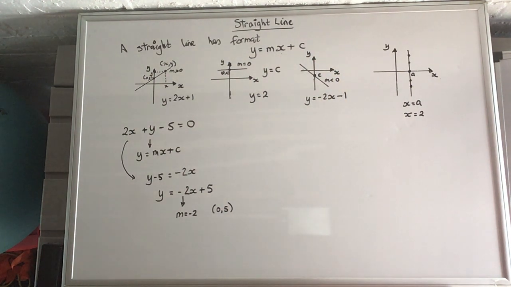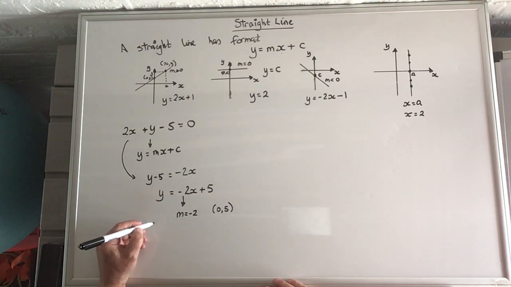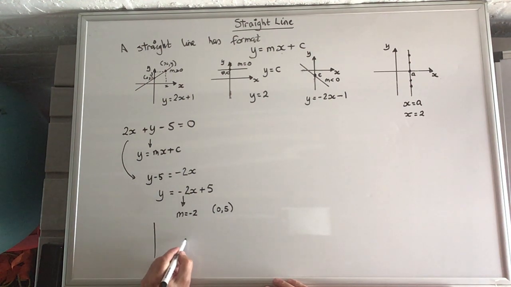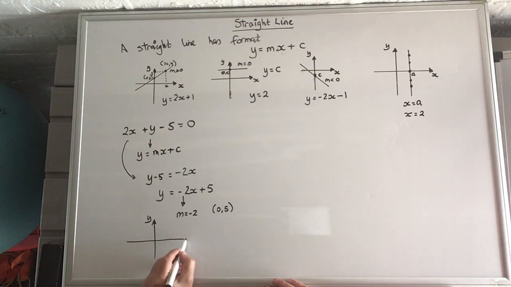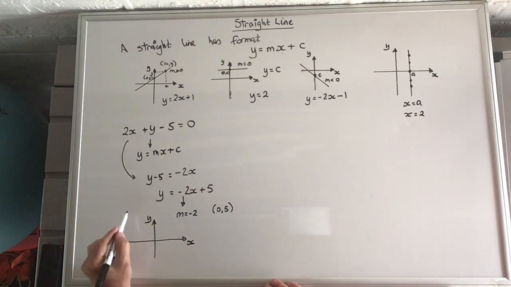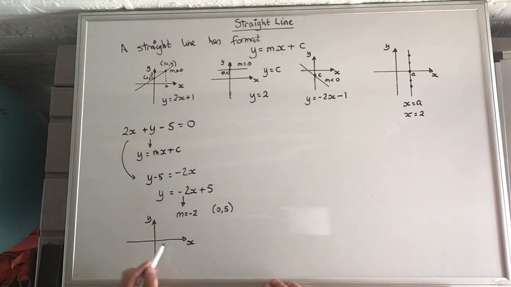Now, I'm going to sketch this, because sometimes they might ask you to do a wee sketch. If I'm going to sketch that, we don't have to put any values in when it's a sketch, it's just a rough sketch. So, we'll do something like this. There's the x and y axis. Negative 2, well, we know it's going to slope down the way because it's a negative value. We'll put 5 here.